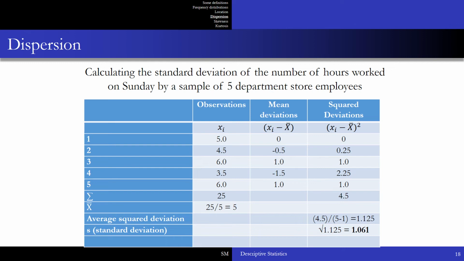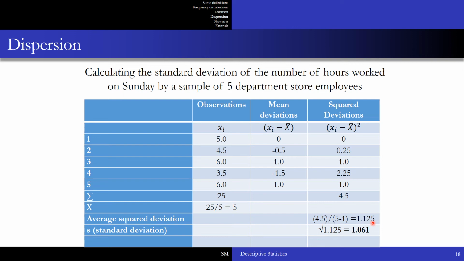Okay, next step, we divide 4.5, the sum of squared deviations, by, in this case, 5 minus 1. Why 5 minus 1? Because we're dealing with a sample, so we need to divide by small n minus 1 if we're going to get an unbiased estimate of the population variance. That gives us the variance. The variance in this case is 1.125. This is a measure of dispersion.